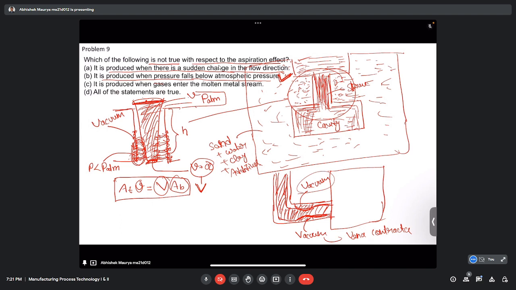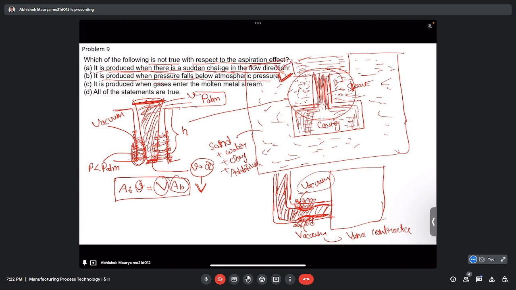So the first option, if we see, it is produced when there is a sudden change in flow direction. So again, by changing the direction, we are creating a vacuum region. Then also whatever gases are present inside the mold walls here and here, again they will enter into the molten metal. So again, this is called the aspiration effect.